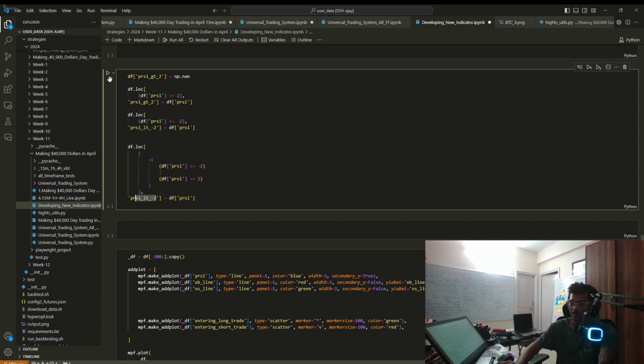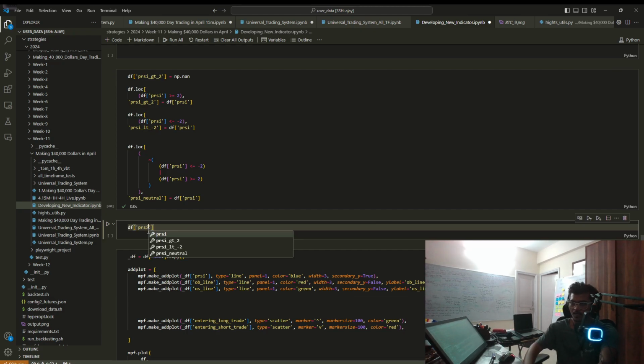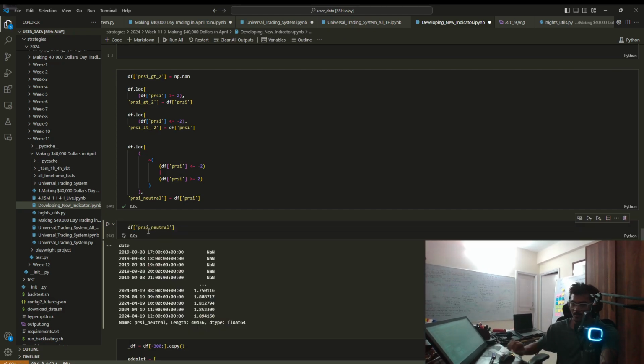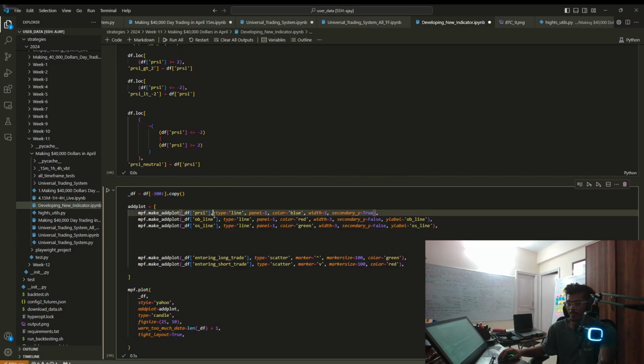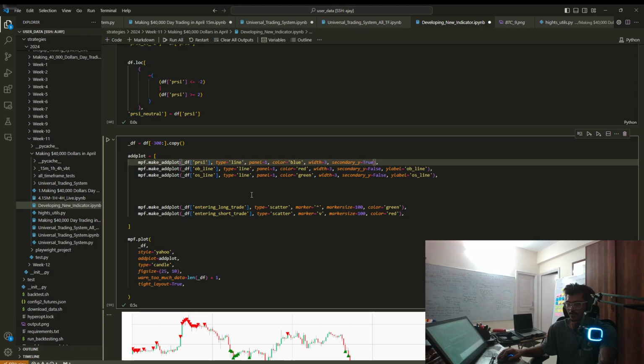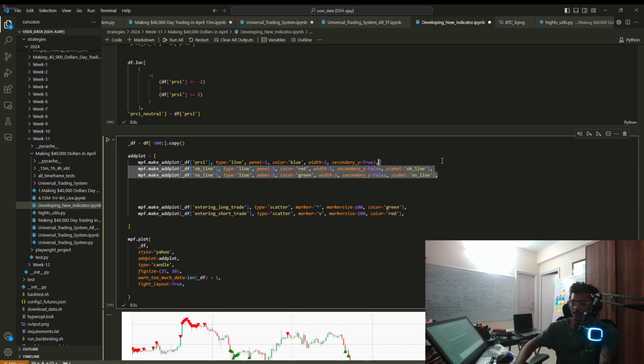So this is the neutral pair. So PRSI neutral, you see. All right, now we got that. Now we plot it. Okay, so this is how it will work.